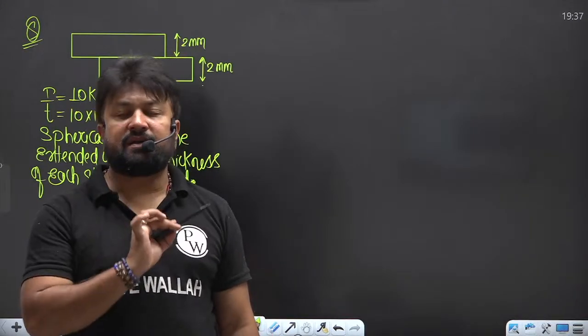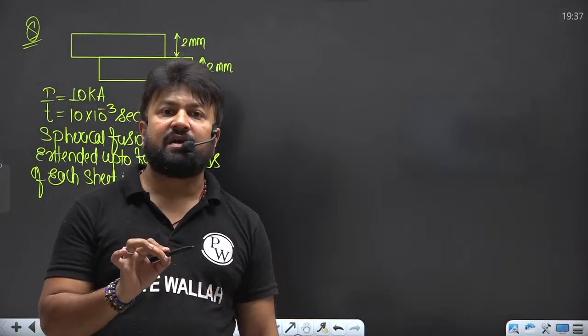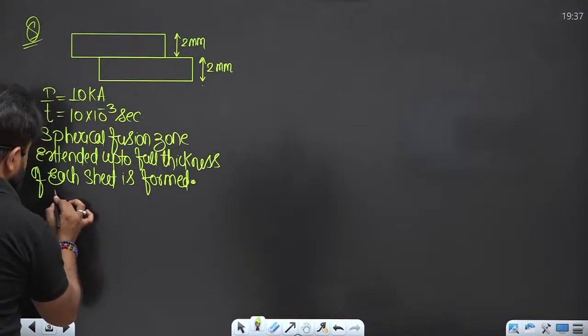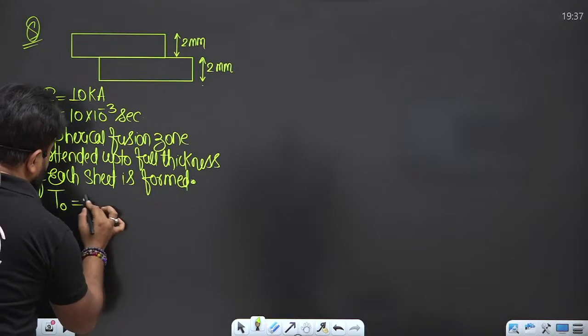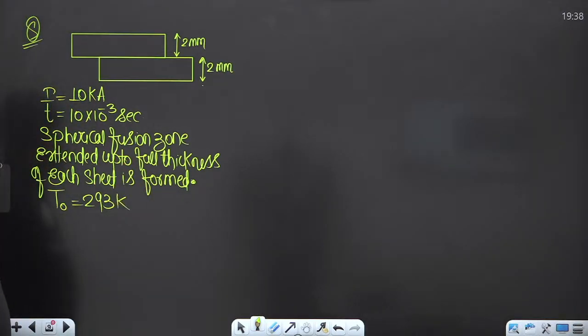So here some properties are given, like what? Like the ambient temperature, not 90 Kelvin, right?